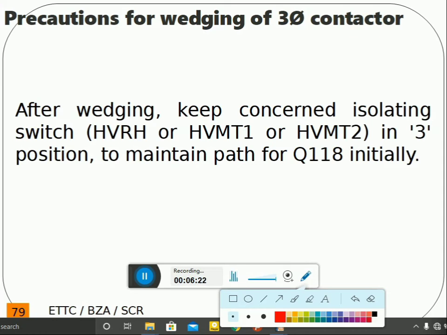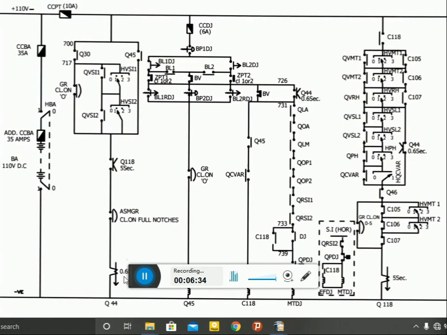So for C107, if we wedge C107, the HVRH switch. If we wedge C105, HVMT1. If we wedge C106, HVMT2 should be kept in 3 position to maintain a path to the QNet branch for closing of DJ.